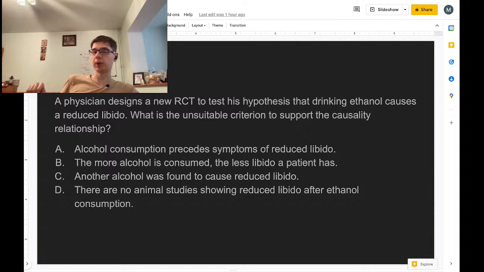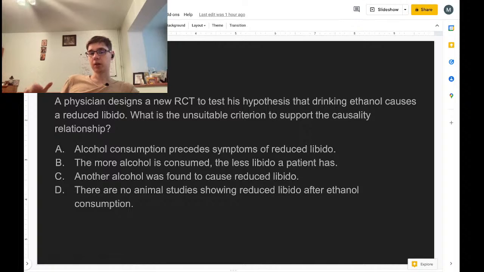This is one of the Bradford-Hill criteria that states that there is a temporal relationship in which the cause precedes the effect. So it is correct. Therefore, it is a suitable criterion to support the causality relationship.